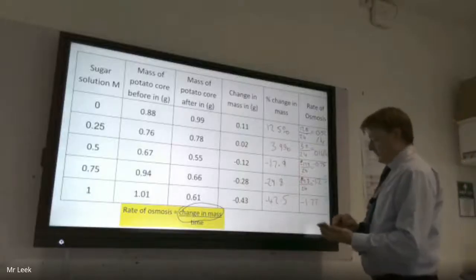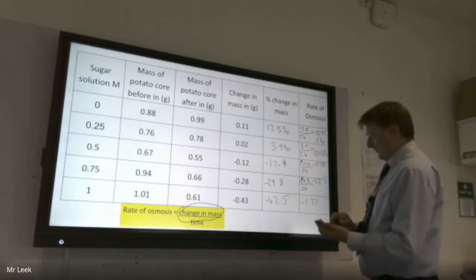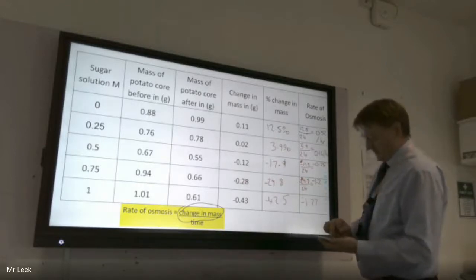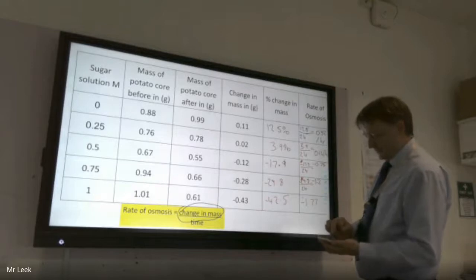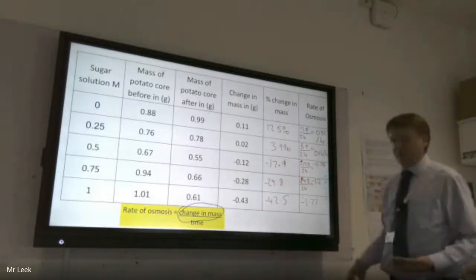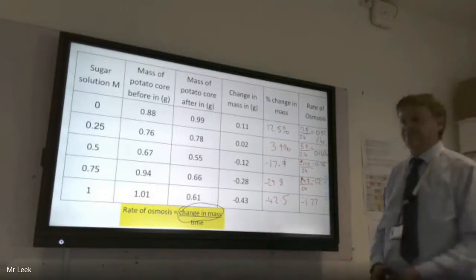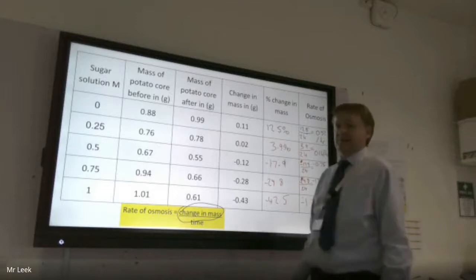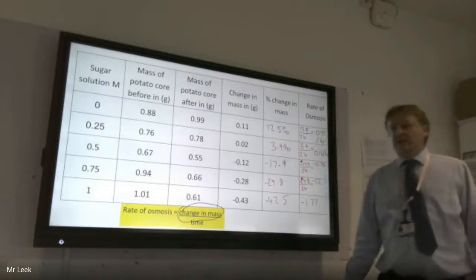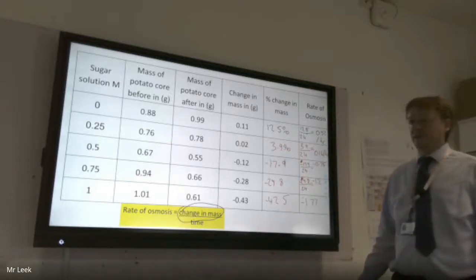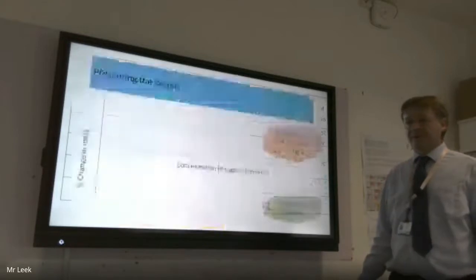If I just do the sum again: 42.5 divided by 24 equals, I've got 1.77 for that last one. Minus 1.77. Okay? Right. So just make sure you've got those numbers written in.